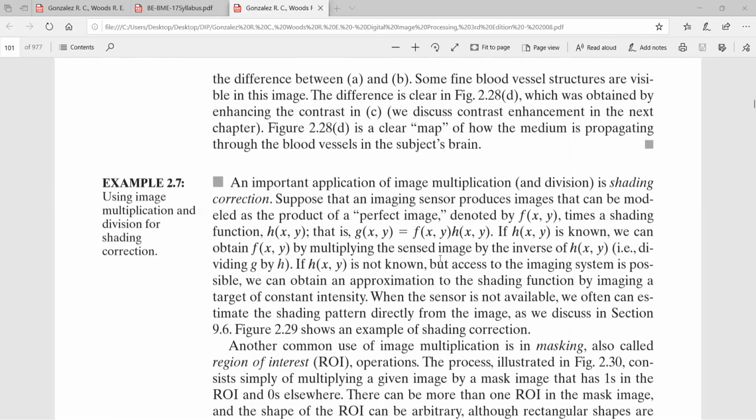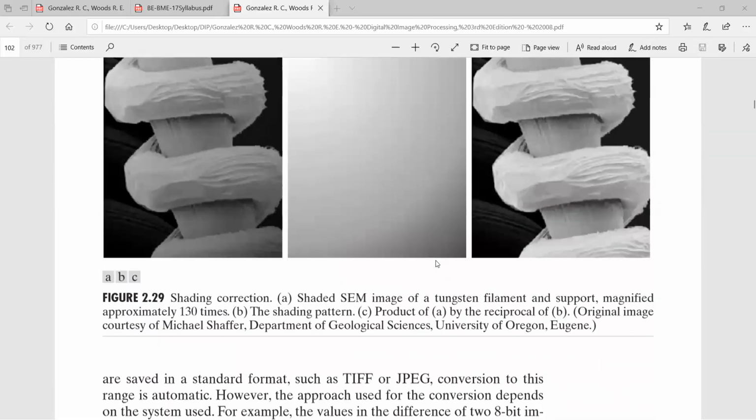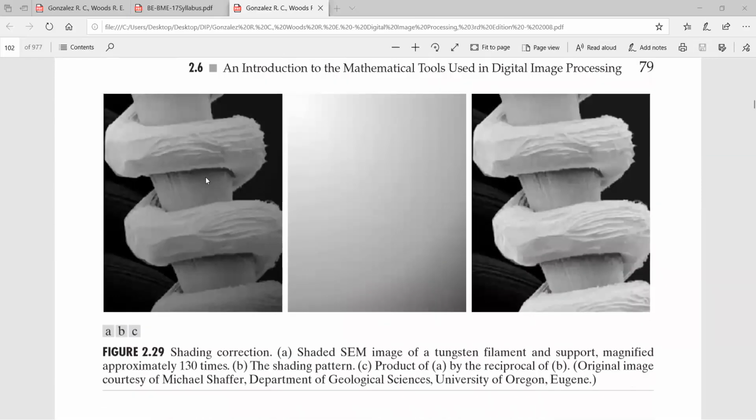We'll see an example. You can see here the shading correction. This is a shaded scanning electron microscope image of a tungsten filament and support, which has been magnified 130 times. This is the shading pattern.